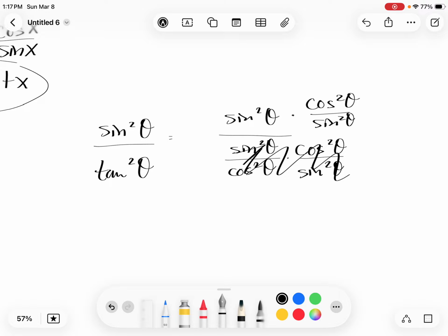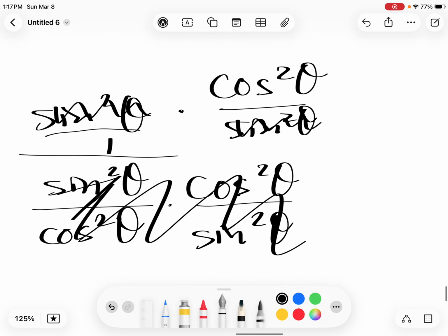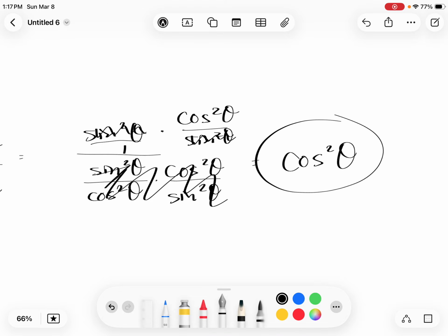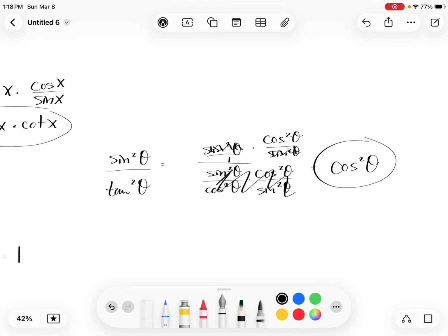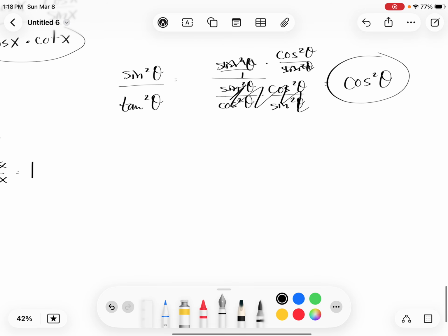Then if you just zoom in or focus on these two parts, this will be like over 1. This cancels this. So the only thing that you're left with, friends, is the cosine squared. Okay. And on to the last one.